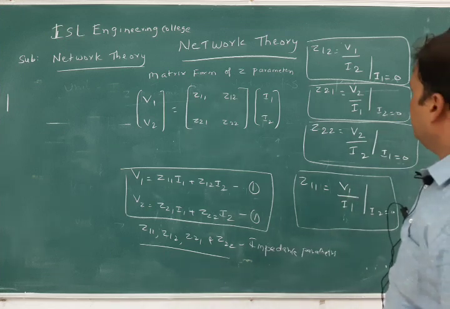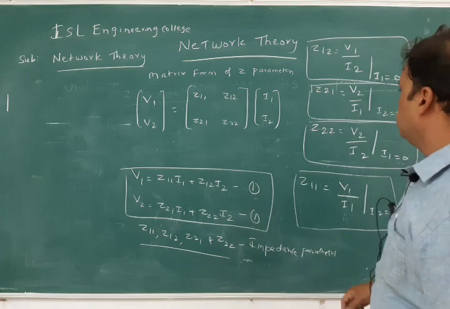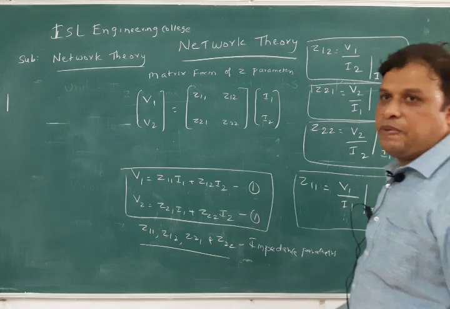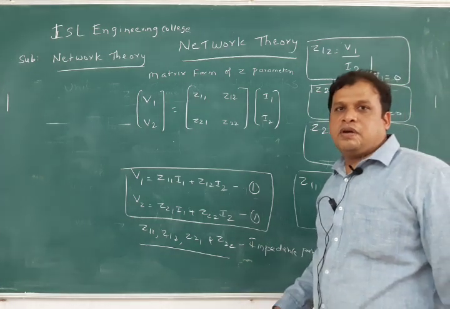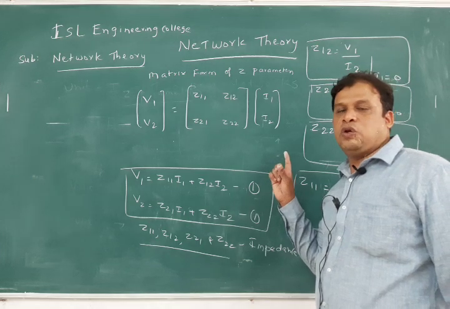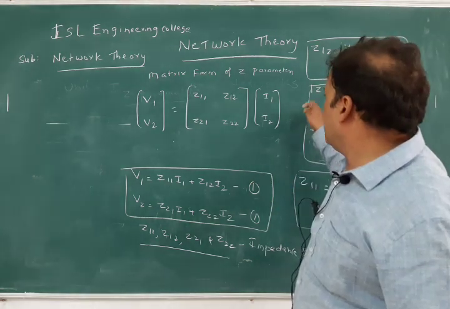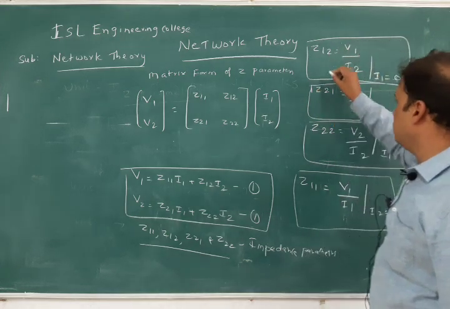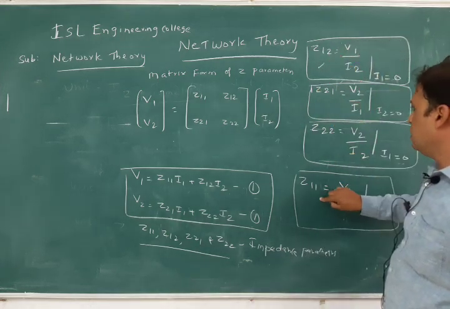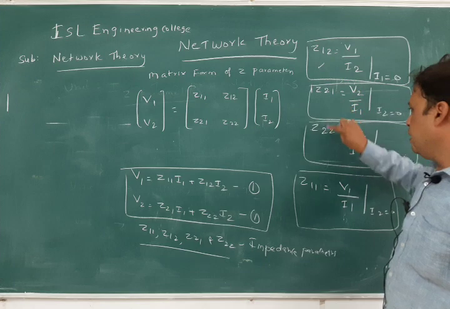Okay. So here we have these 2-port networks, and these are the Z parameters. By analyzing these 2-port network circuits, you are able to find the impedance parameters Z11, Z12, Z21 and Z22.